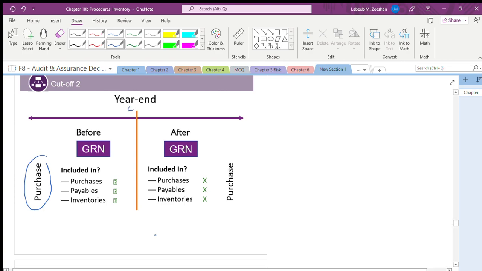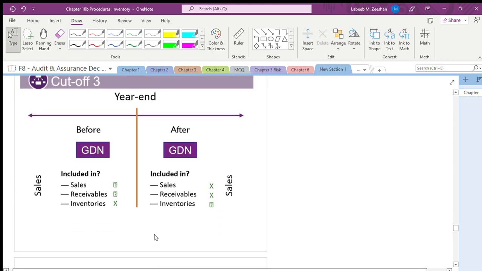It has to be understood whether it has been included before the cutoff date or after the cutoff date.